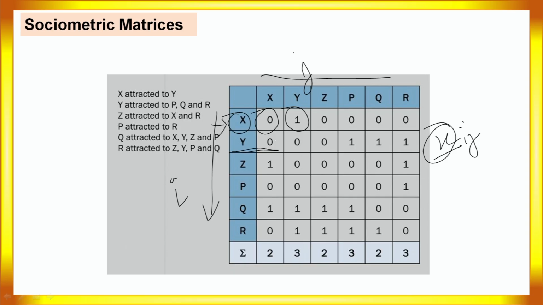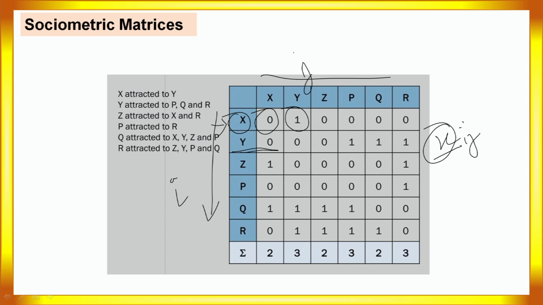Y does not choose X. So that means it is a simple one-way interaction or choice, where the ith member may choose the jth member, or X may choose Y, but Y may not choose X. That is what we call the simple one-way interaction, and it is represented by the number 1.